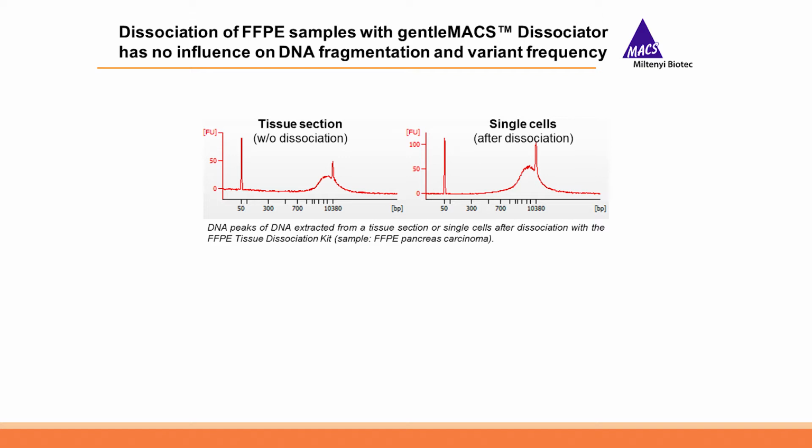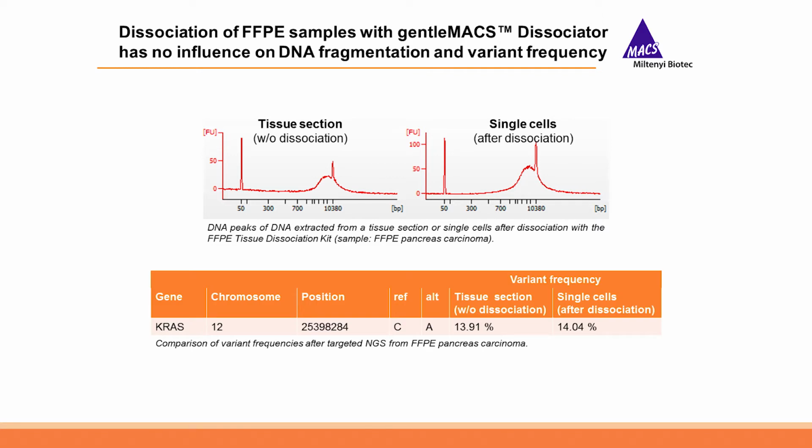And we see that the mean intensity is identical, telling us that the DNA is not getting more fragmented by the dissociation method. If we look at variant frequency, here we looked at the KRAS gene. KRAS is a typical carcinoma gene that gets mutated at this position.